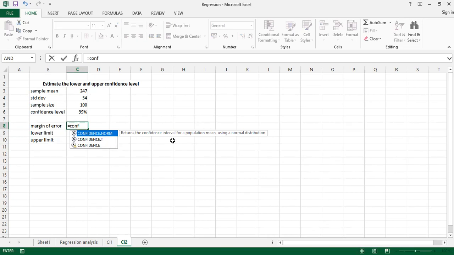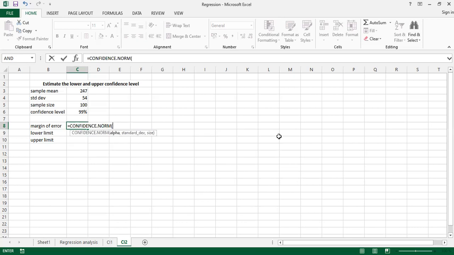This one returns the confidence interval of a population mean using a normal distribution. We always say that when the sample size is 30 and above, that is a large sample, and when it's 30 and below, it's a smaller sample. And when the sample size is large, the distribution is assumed to be a normal distribution.